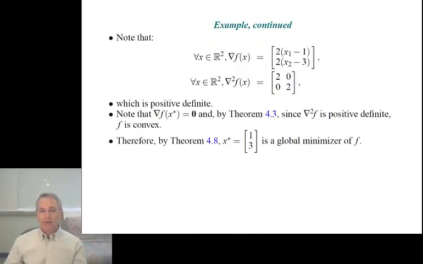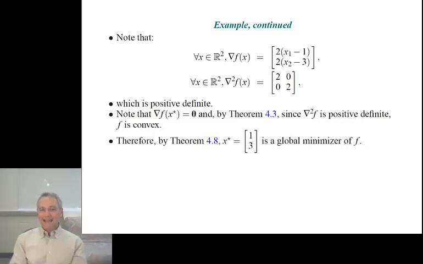Well, let's evaluate the gradient of f. It's equal to 2(x1 minus 1) as the first entry, and 2(x2 minus 3) as the second entry. If we plug in x star, we can observe that the gradient of f is equal to 0.